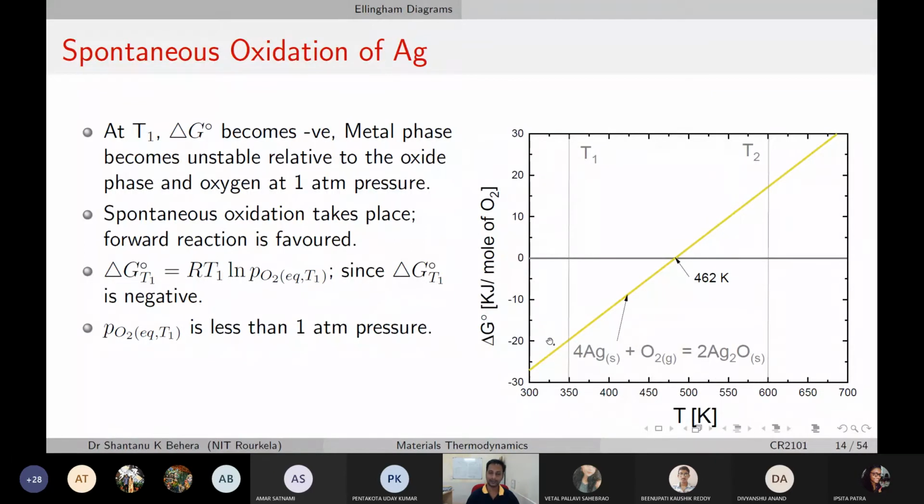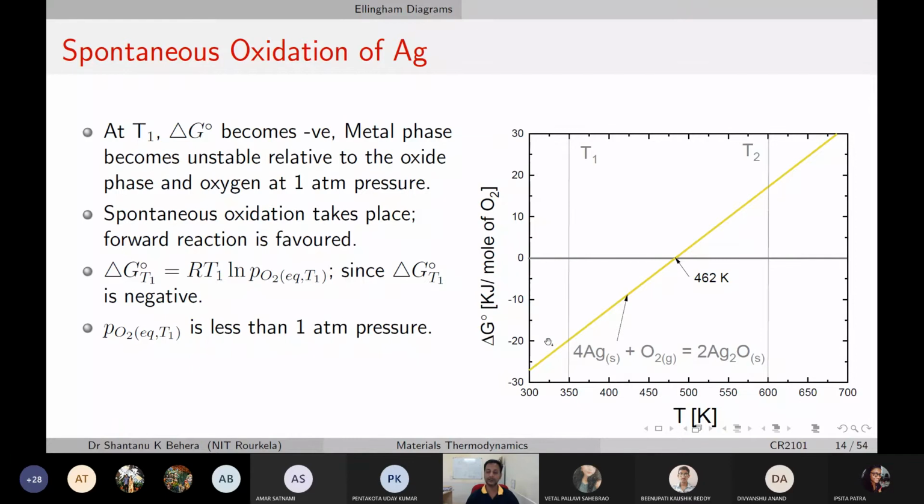and you see a negative value. Much more of the oxide phase would be formed.